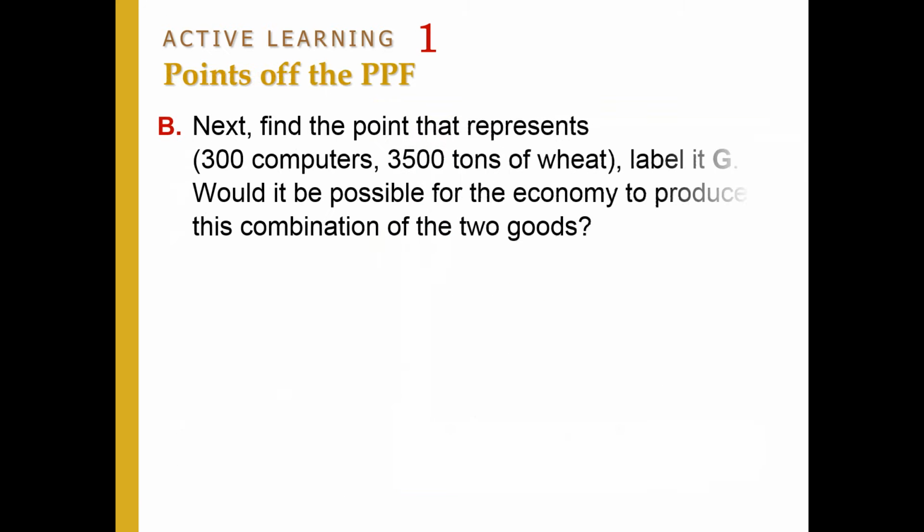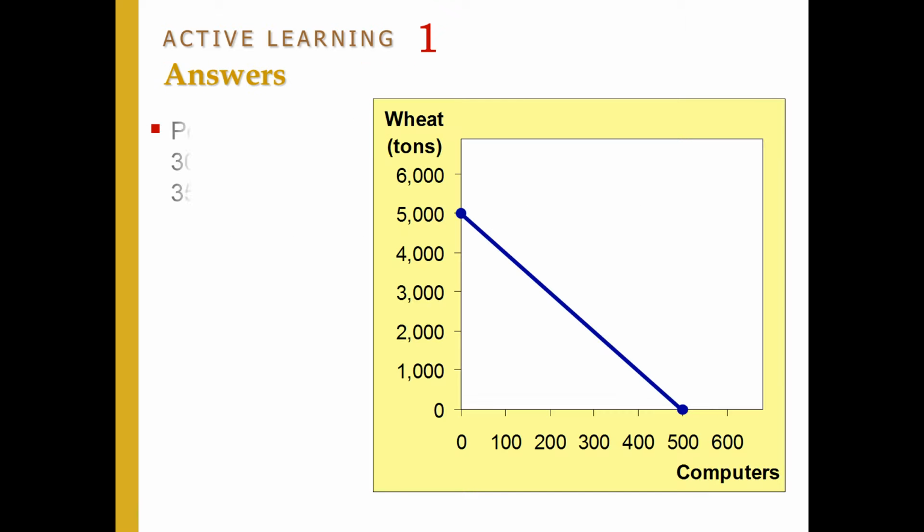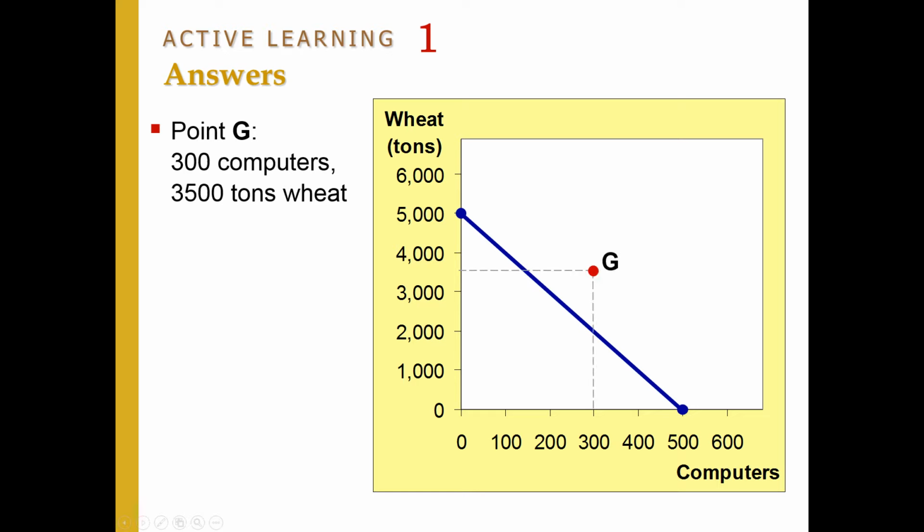Now, let's look at another point, point G. This would be producing 300 computers and 3,500 tons of wheat. Looks like it should be about right there. Close enough, and that is point G. Now, what should we automatically know about point G?